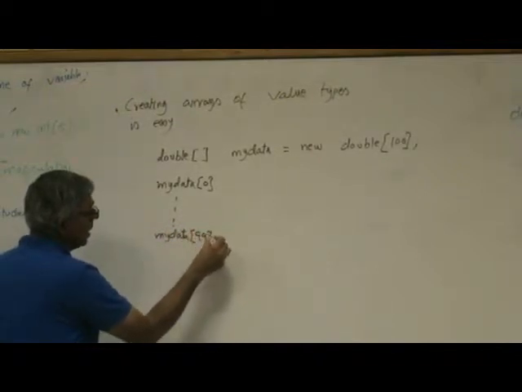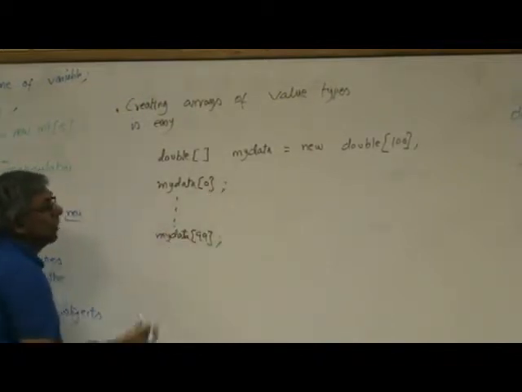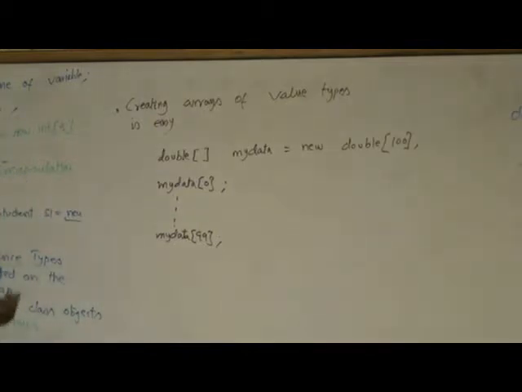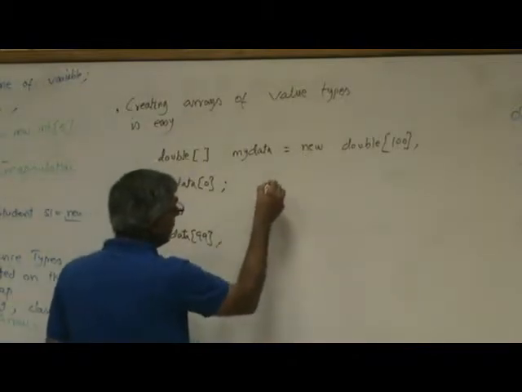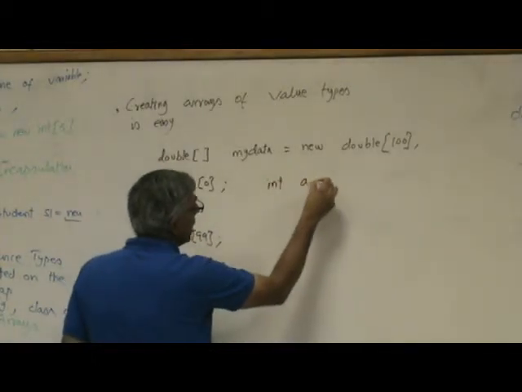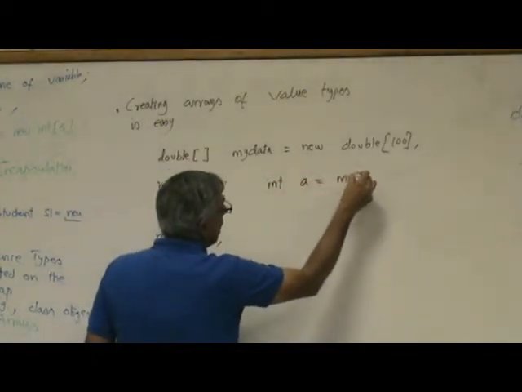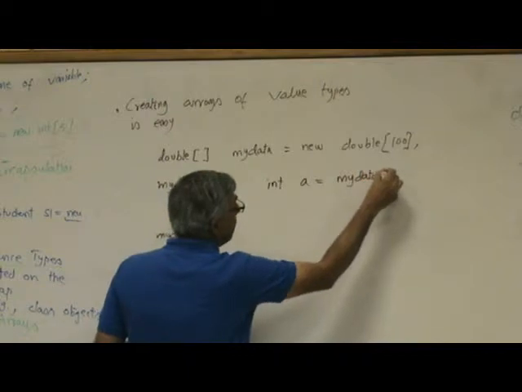That's easy. Once you have created the array, you can read the data from any one of these memory locations, just like you read the data from a simple variable. So you can say, for example, int A equal to my data of 5.